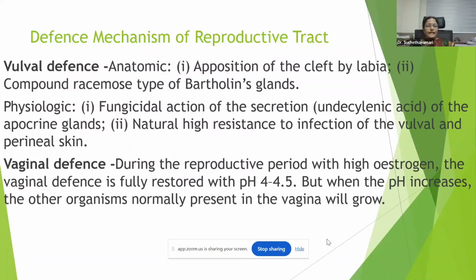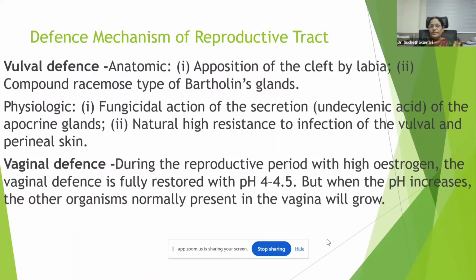Next is the vaginal defense. During the reproductive period, wherein there is high estrogen content, the vaginal defense is fully restored. This is because during the reproductive period there is the presence of the bacilli called Doderlein's bacilli, and because of this the vaginal pH is maintained somewhere between 4 to 4.5.